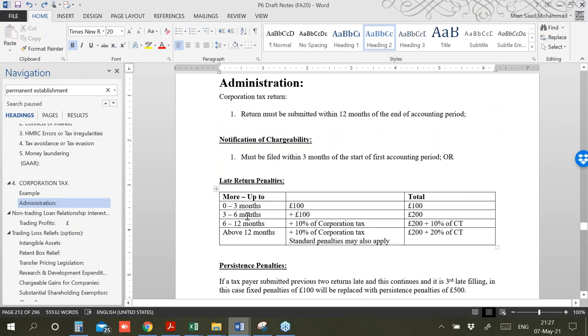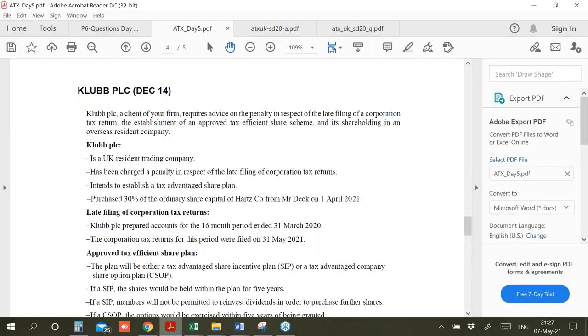For example, late return penalties: if it is within 0 to 3 months, it is a fixed £100. Then for 3 to 6 months, it is £200. Then for 6 to 12 months, 10% of the corporation tax, and so on. So now you tell me, in our question, what shall be the penalty from the table that I have shown you on the screen?